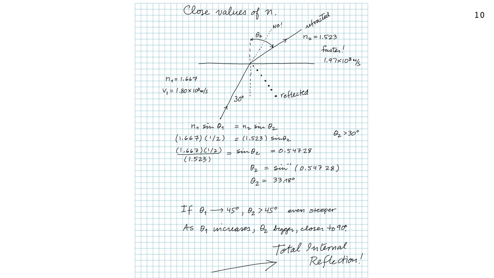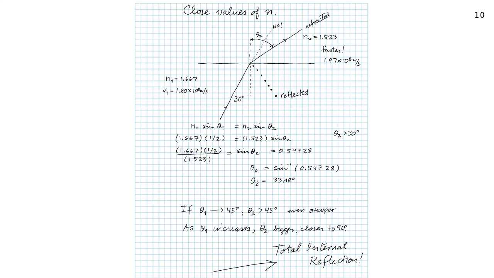Okay, so I'll write it over here. 0.54728. So theta 2 is the inverse sine of 0.54728. And that is theta 2 equals 33.18 degrees. Okay.